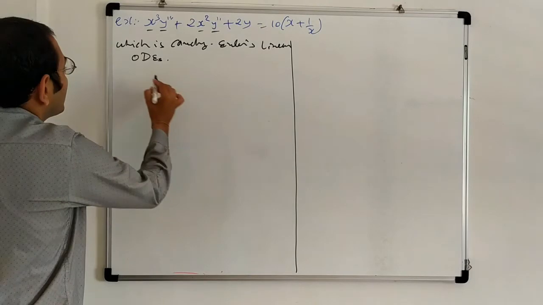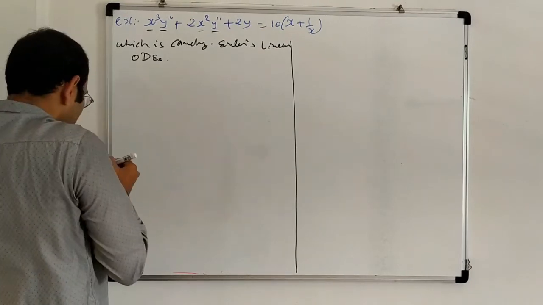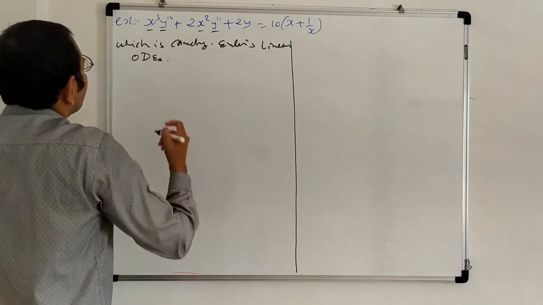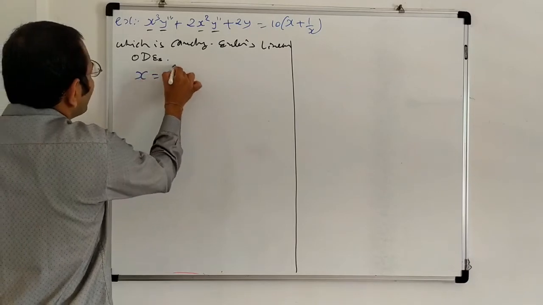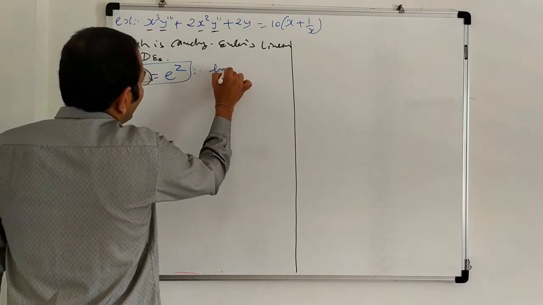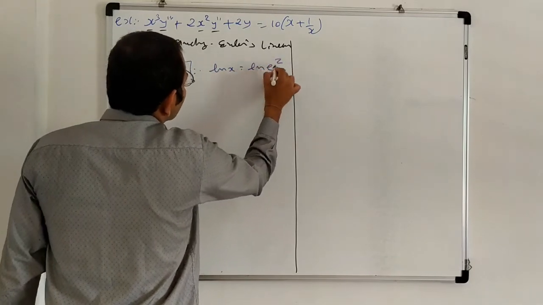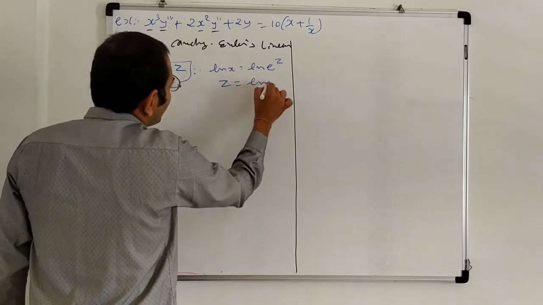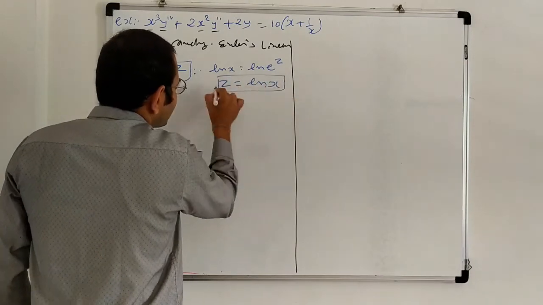Clear? Then first of all, in each and every example we assume x equals e raised to z, taking logarithm on both sides. Then ln x equals ln e raised to z, and according to the properties of logarithm, z equals ln x. Clear?